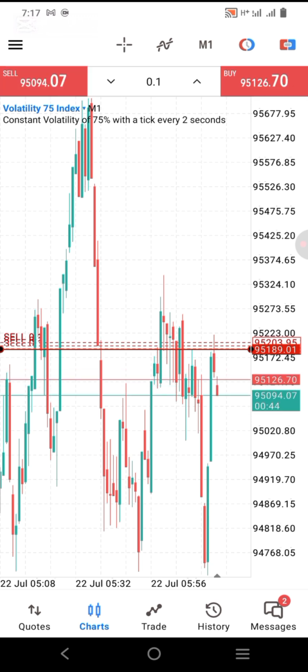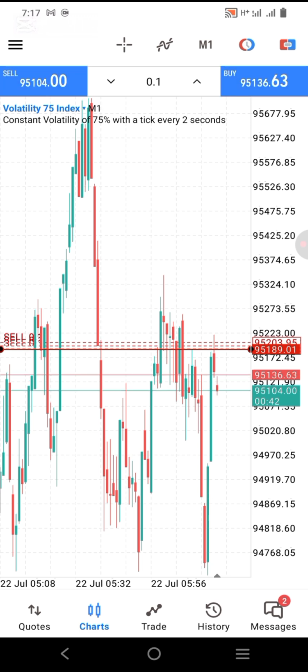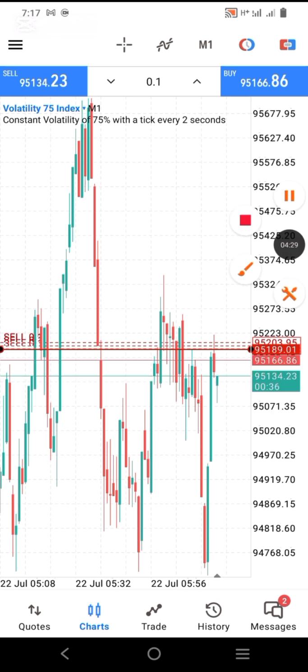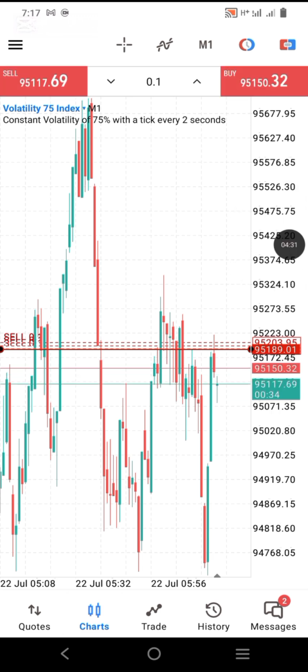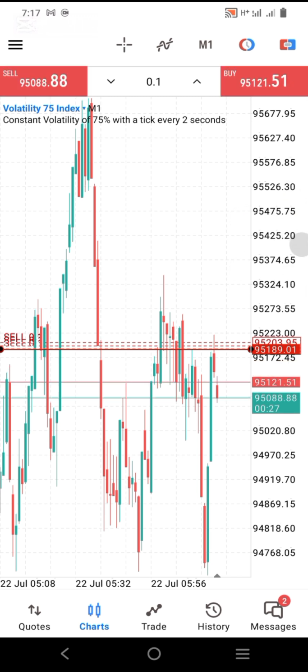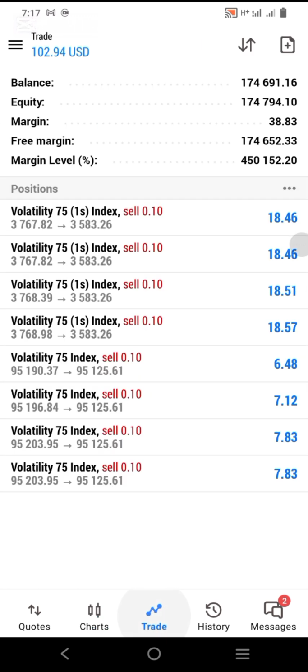So I held this trade for a while, and then when it gave me my desired profit, I exited this trade. So this is how I look for a 1-minute setup. So you can do this over and over again every day and you are good.